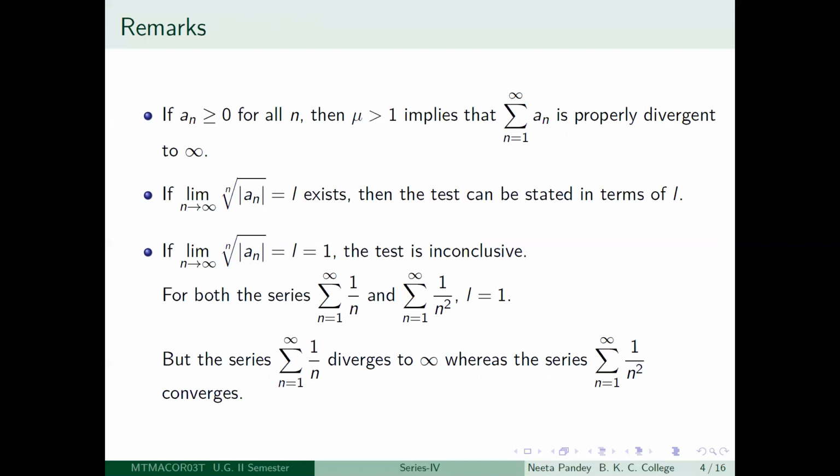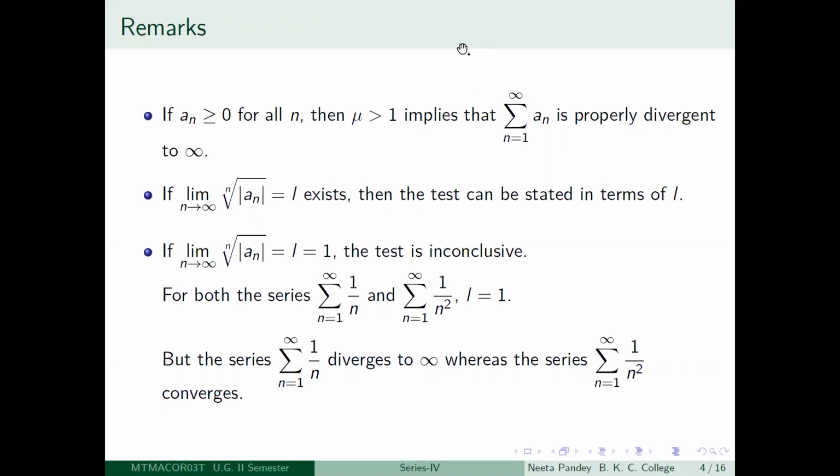So that will imply that the limit of the nth root of 1/n is 1, and the limit of the nth root of 1/n squared will also be equal to 1, right?